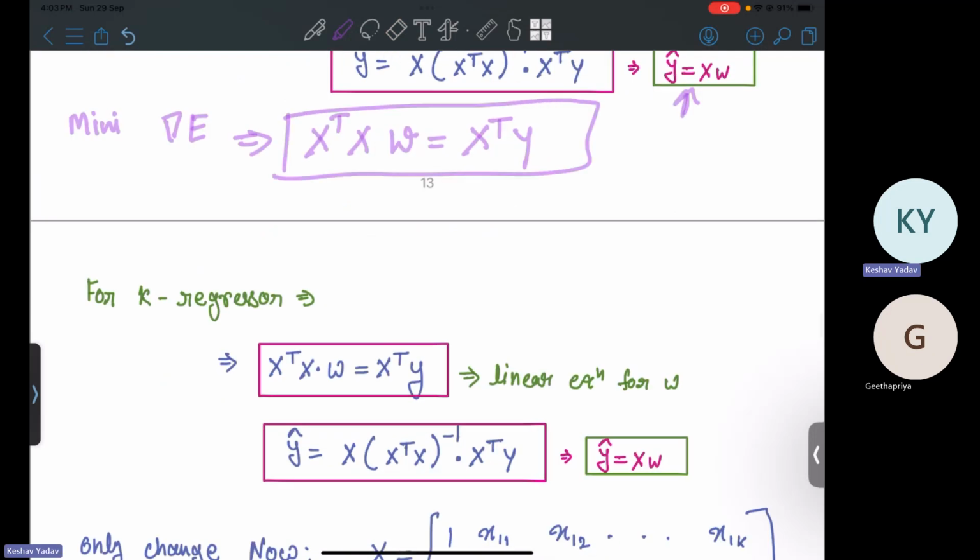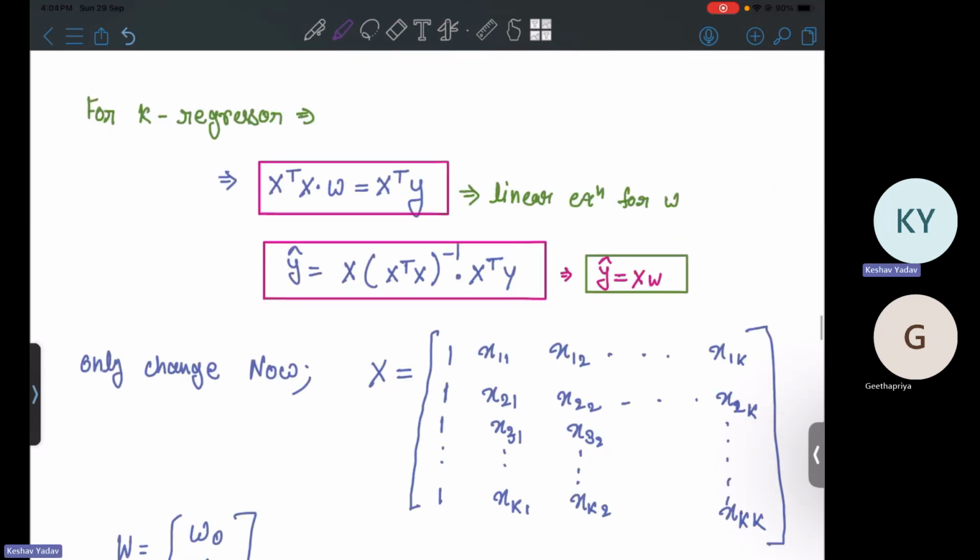This will be my system of linear equations in W. From here, we will find the value of W. Then we'll find y hat, which will be equal to x W. By using these two equations, we can solve the whole problem.